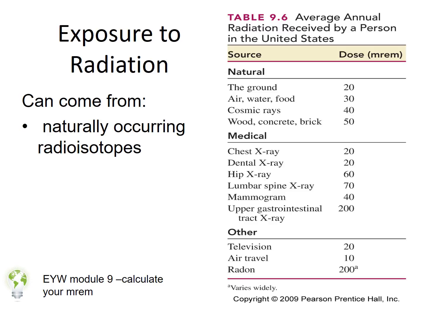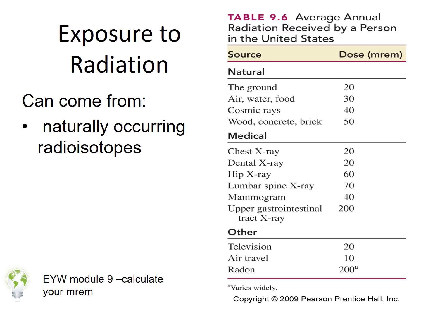Yes, you get radiation from sitting in front of the television. Or air travel. Why does air travel give us radiation? Well, actually because it puts you closer to space, where cosmic rays will get into your body. And then radon. Radon is very dangerous, depending on where you live and what your house is built on top of. This can vary widely.